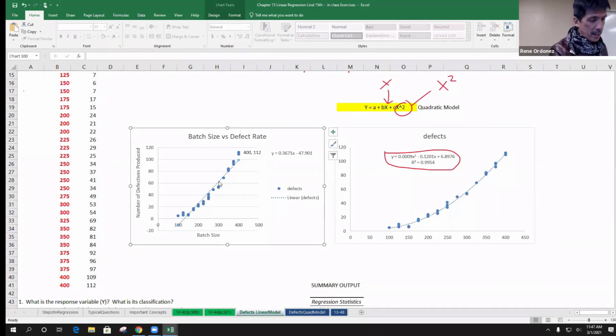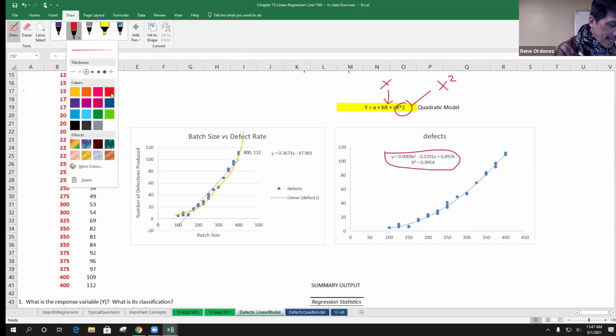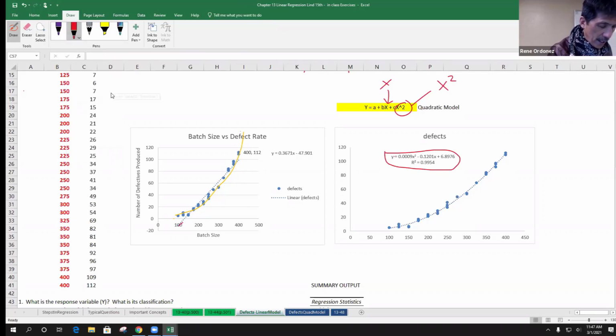We know that the behavior of the data is curved, right? If we use a linear model for estimating the defect rate given a batch size, so let me extend this dashed line going this way, meaning when we extrapolate, we go beyond the relevant range of data.